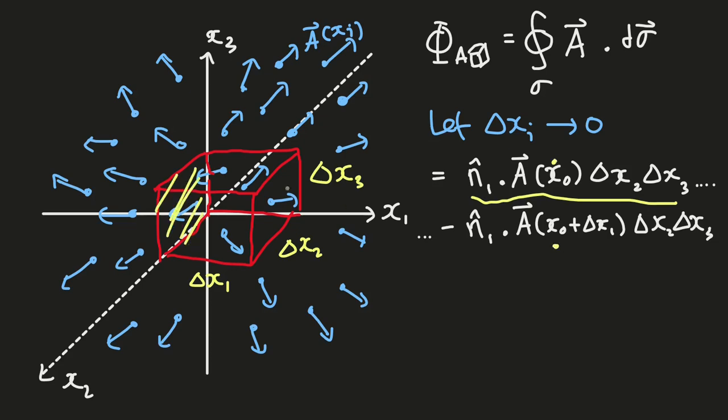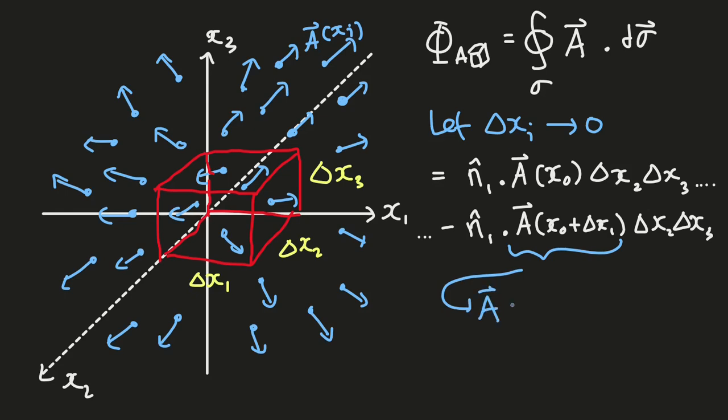For the second term there is delta x1 because we shift the detection of the vector field from x0 by delta x1, and so on for the other side. Then the n1 I define here is the direction of the face of the surface, and the minus n1 is this part.